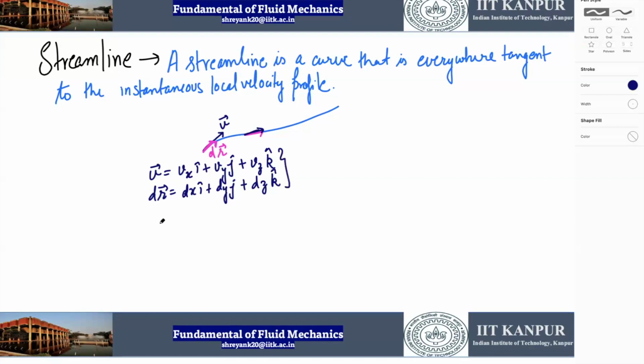Both of these are tangent to each other, which means both are parallel to each other, and therefore v cross dr should be equal to 0. So this is the equation which is governing the streamline.